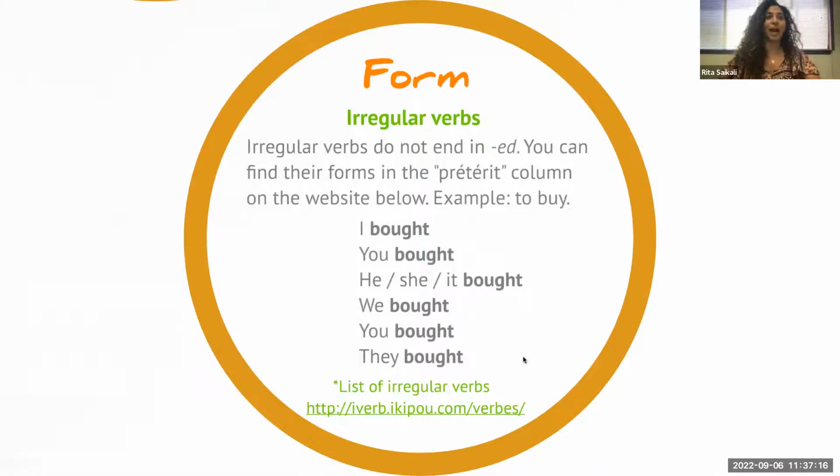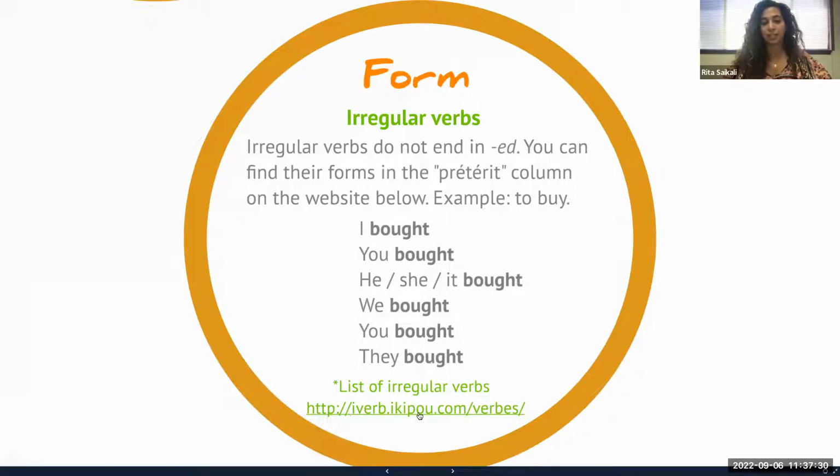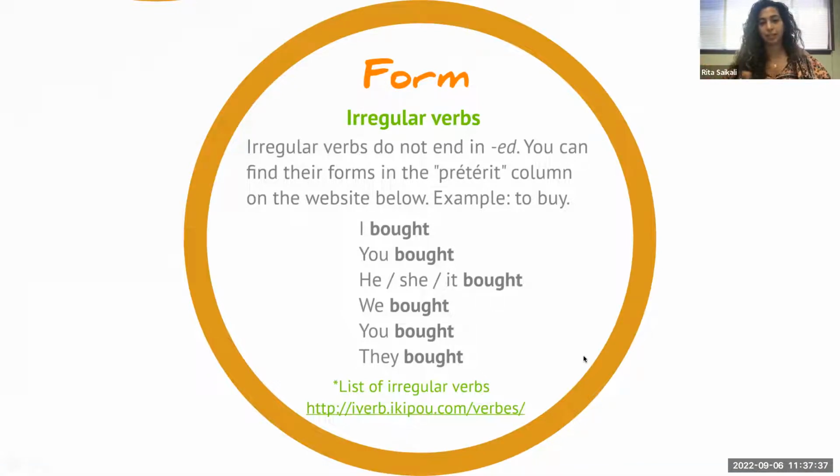All right, so then we have some irregular verbs. And some of these irregular verbs do not end in ed. You can find their forms in the website below. If you go to this particular website, you'll be able to find them. These are some examples. I bought, so the past tense of buy is bought.